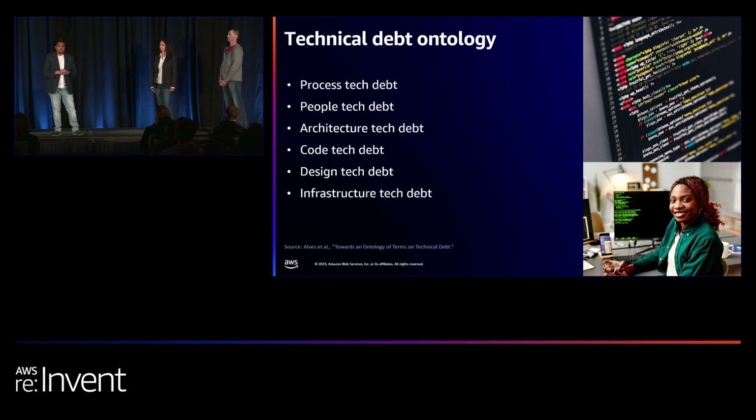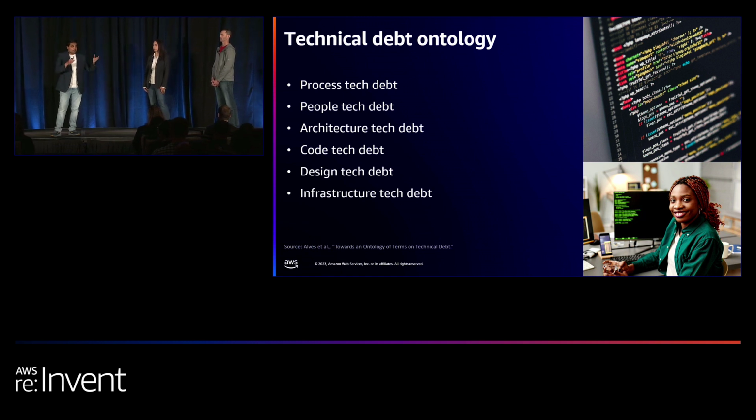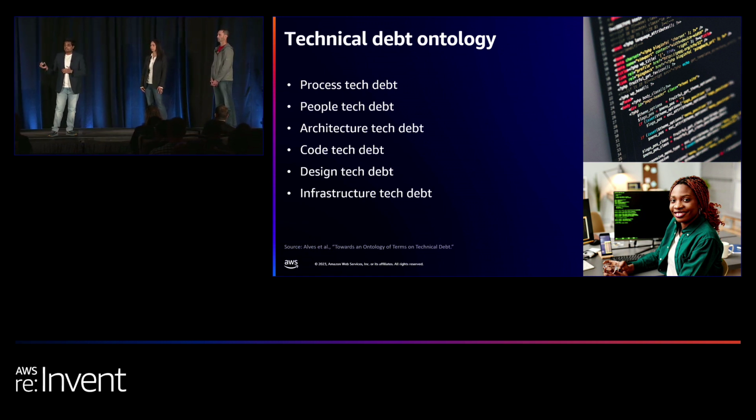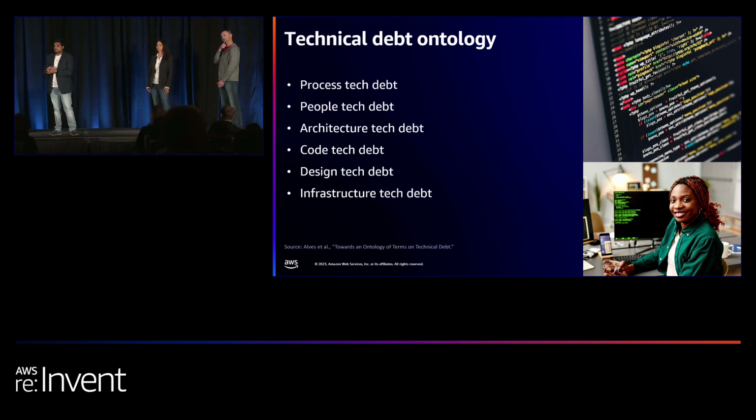Another example is people technical debt. Think of people technical debt as concentrated knowledge or information about the systems that have been built over time being held within just a few people in your organization. What if those people leave?